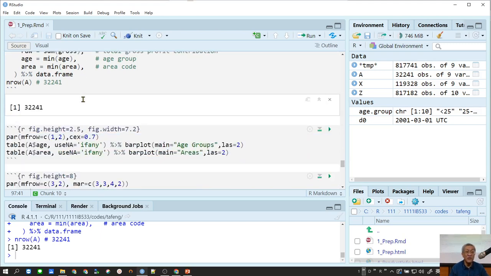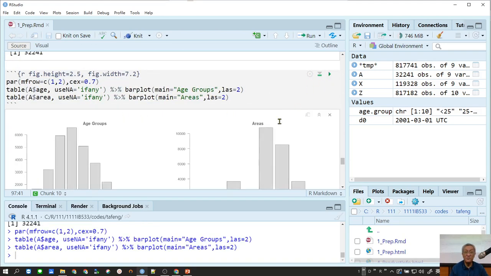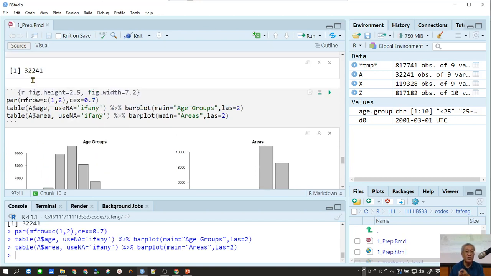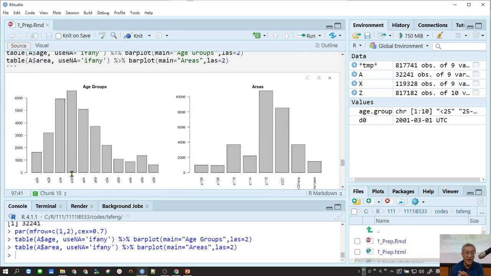So if I want to see the age group, now this number is actually the number of customers, right? See, in total I have about 32,000 customers, and the largest age group is A39. Okay, so it has about 7,000 customers, right? And the same thing applies to area, right?